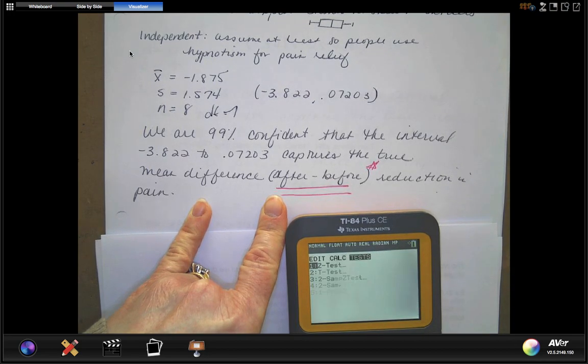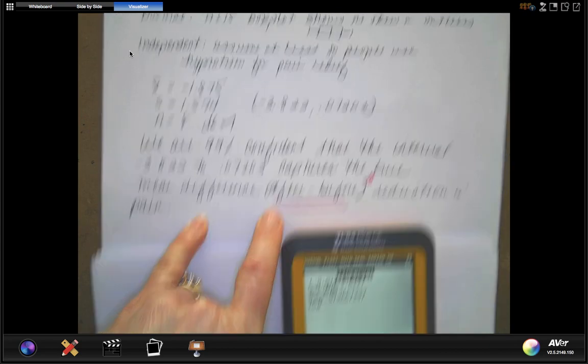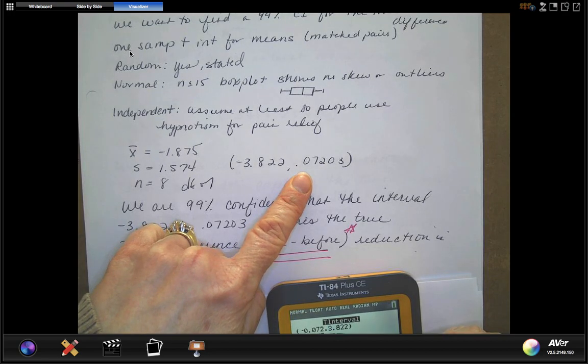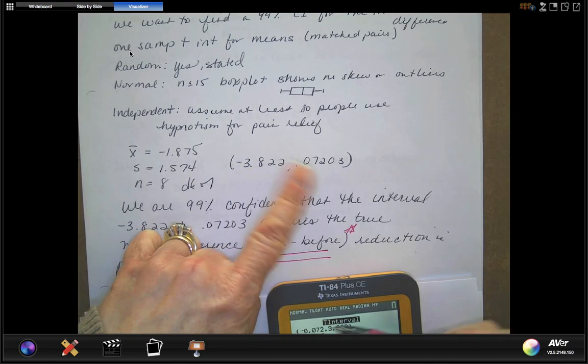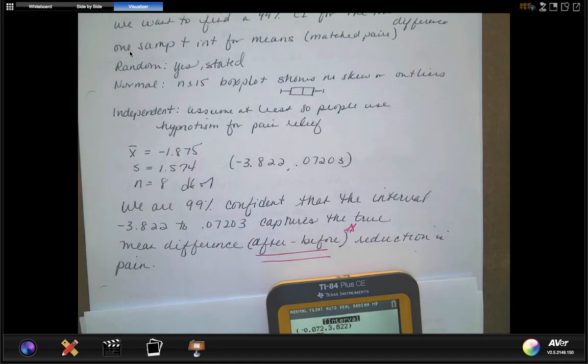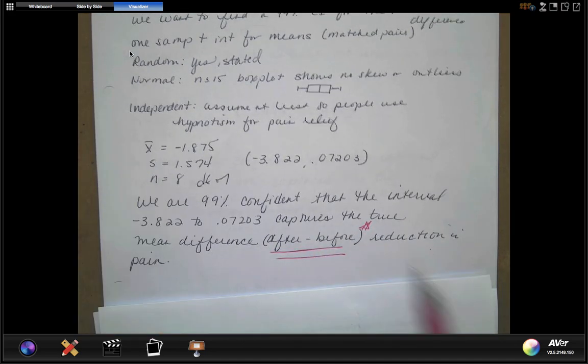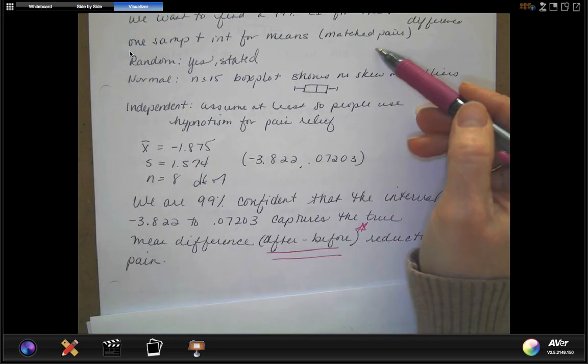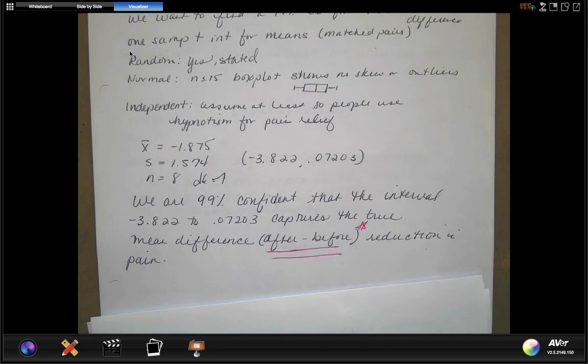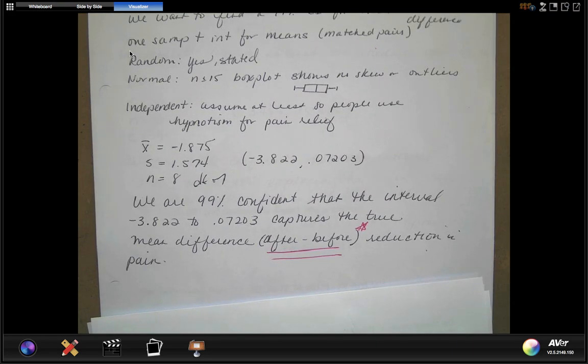So what's going to happen here when I do my interval? Okay, look. This number is over here, but it's negative. This number is over here and it's positive, right? So that just had that flipping going on. But again, somewhere you need to tell me what way you did it so I know, okay? If you don't want to tell me here, tell me back up toward the top, but somewhere you've got to tell me.